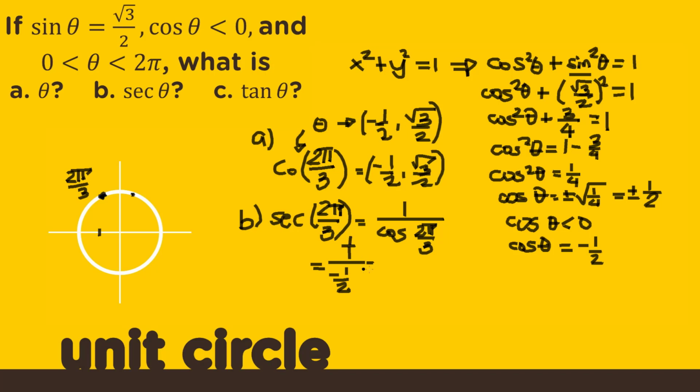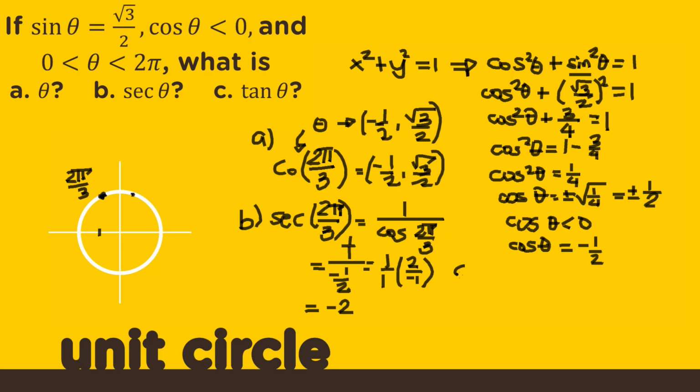So we could apply here the keep, change, flip method. 1 over 1, change the operation to multiplication, and flip. We're going to flip, or reciprocate, our denominator. That's 2 over negative 1. This would mean that our secant of 2 pi over 3 on the given condition is negative 2. We're able to solve letter B because we already finished with letter A, and that we're able to finalize the identity of our cosine theta using the conditions.